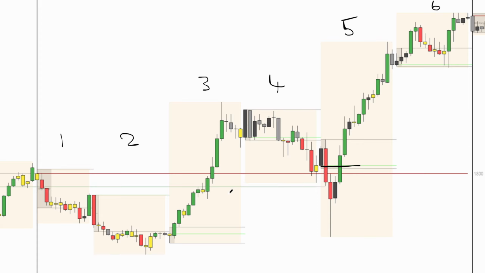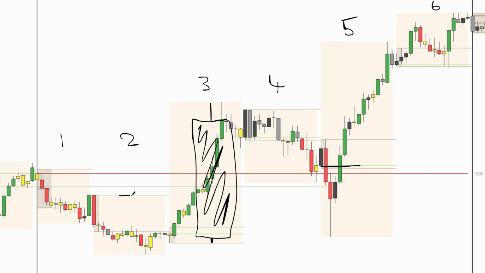Before we get into this, I want you guys to look at profiles in a specific way from now on. Every single profile, every single range, every single consolidation, everything in trading can be deduced into one candle. What I'm trying to say by that is, imagine this was one candle. And then this was a candle. And then over here we have another candle.